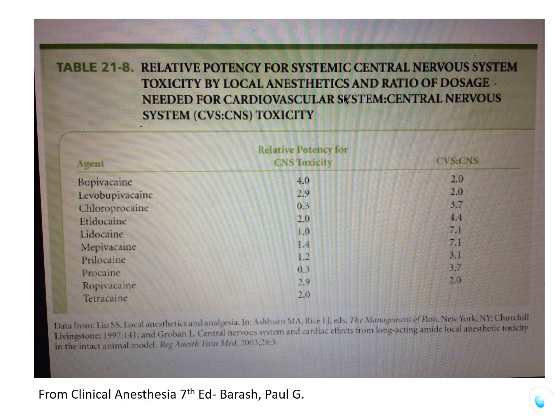If this ratio is higher, say for lidocaine at 7.1, it is much more likely to cause central nervous system toxicity than it is to cause cardiovascular toxicity, meaning it will require a lot more plasma concentration of lidocaine to reach that cardiovascular toxicity.